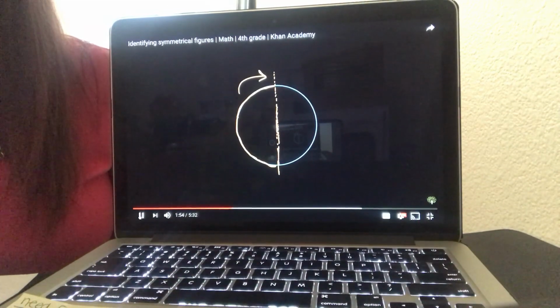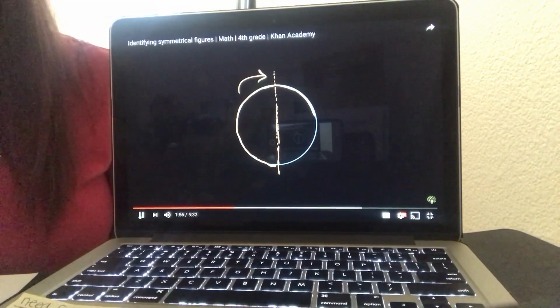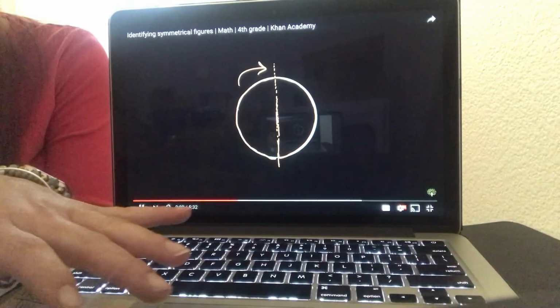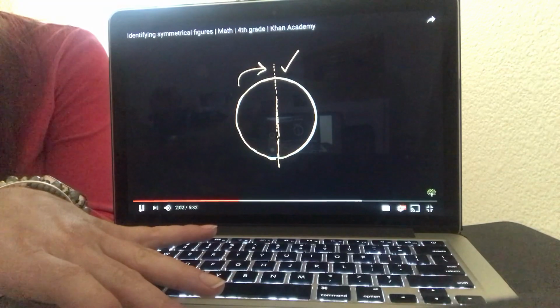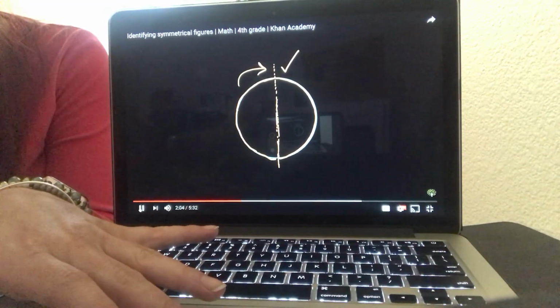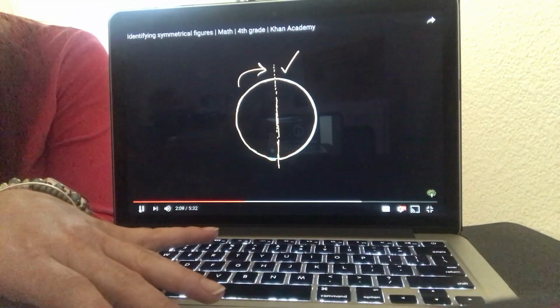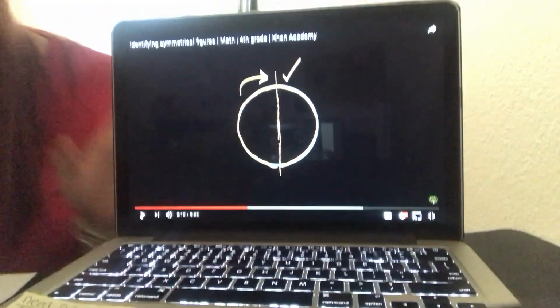If our line truly was in the center of this circle, then yes, it would, which means that this line is a line of symmetry. And because we can draw this line of symmetry on our circle, it means that our circle is symmetrical.